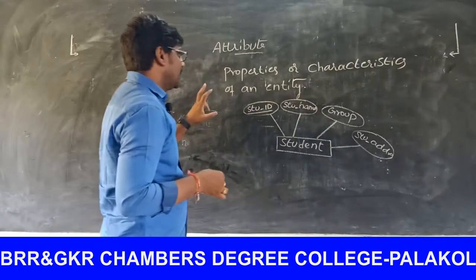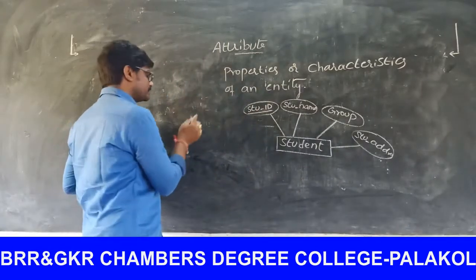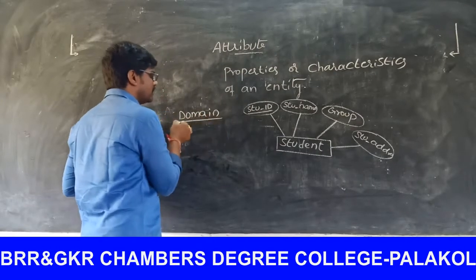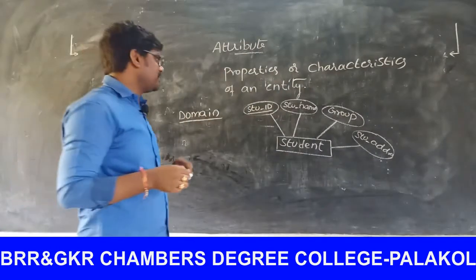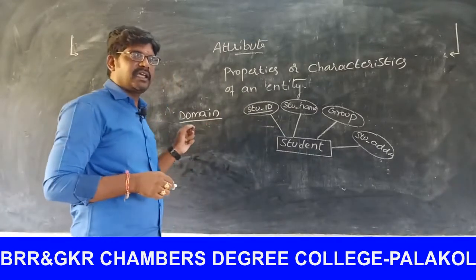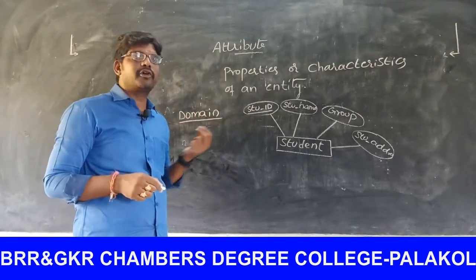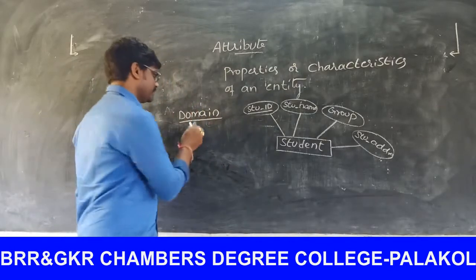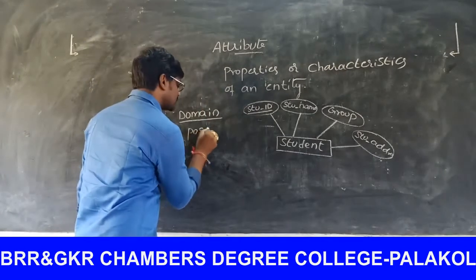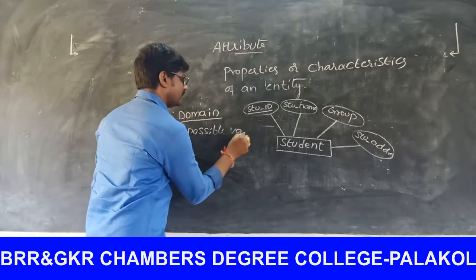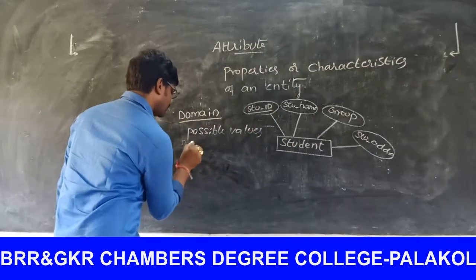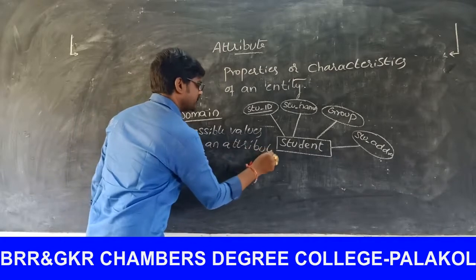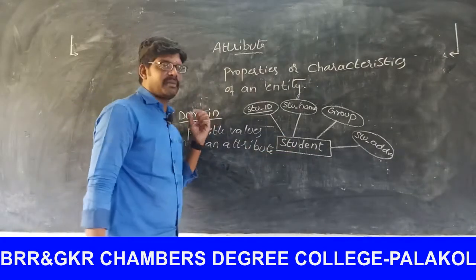Next one, domain, very important. Every attribute has a domain. What is the meaning of domain? The possible values of an attribute we call a domain.